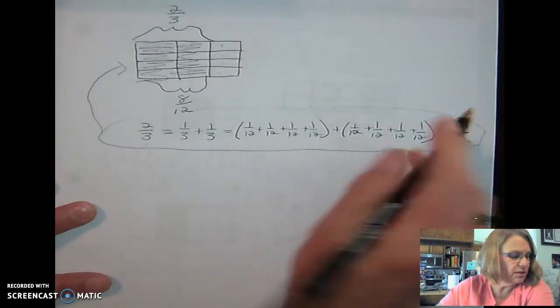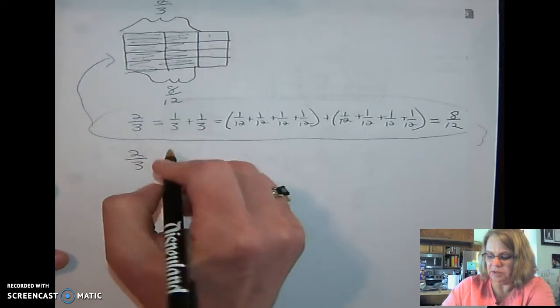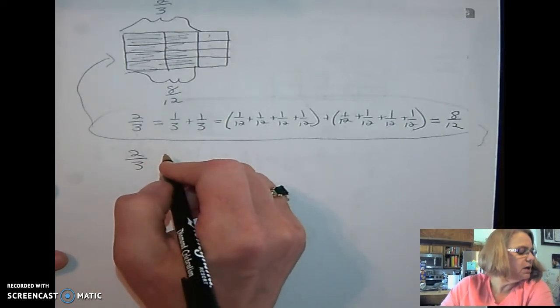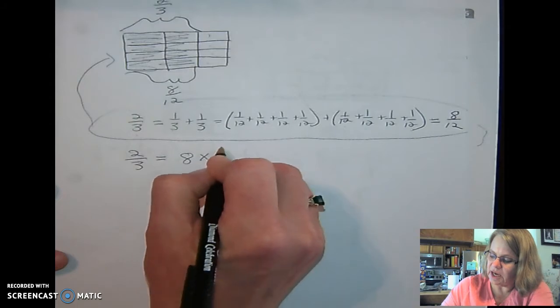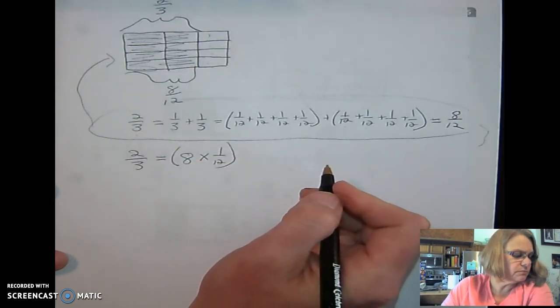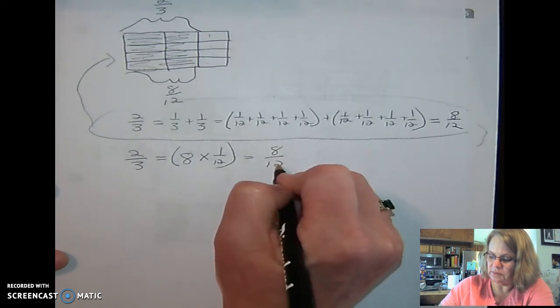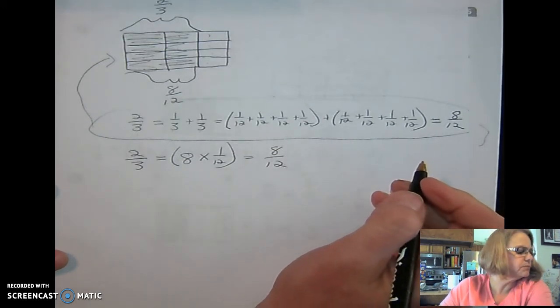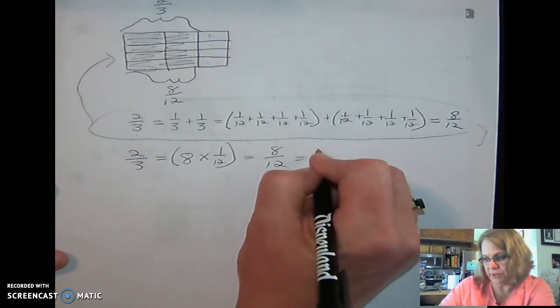Okay, so now we can take this and we can make a multiplication sentence out of it. So we have 2/3 equals 8 times 1/12, which equals 8/12, which is also equal to 2/3.